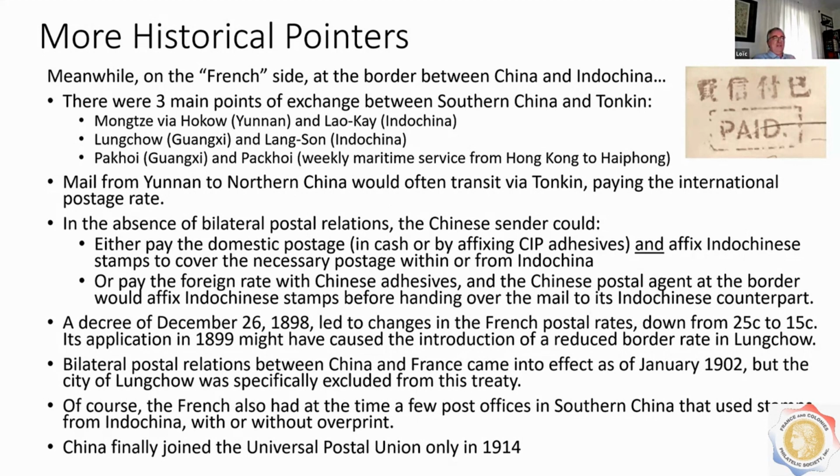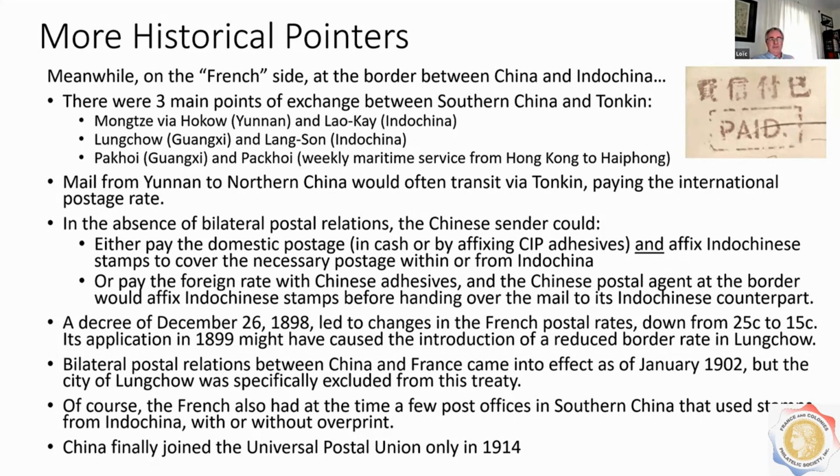We suspect that the new rate that was applied in early 1899 might have caused the introduction of a reduced border rate in Longzhou. And I say we suspect because I have found one letter that appears to use that reduced border rate that predates that decree of December 1898. We'll see that one in a minute.